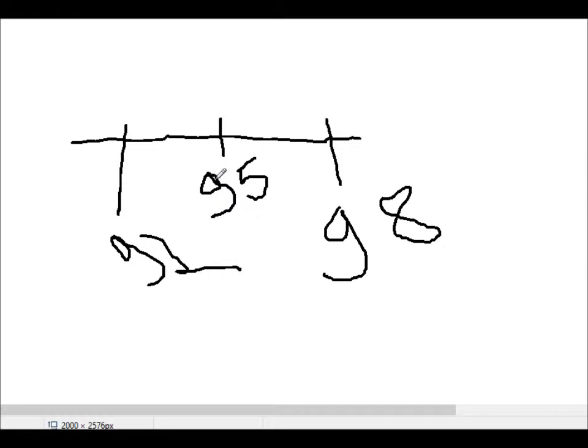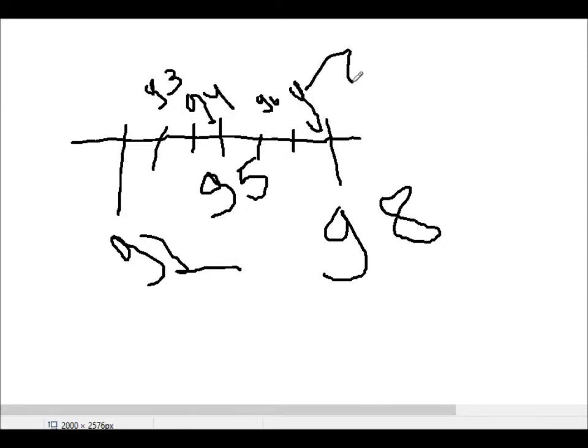The pediatrician said that it can vary by 3 degrees. So 95, 94, 93, and here 96, 97. So 3 degrees, 1, 2, 3.